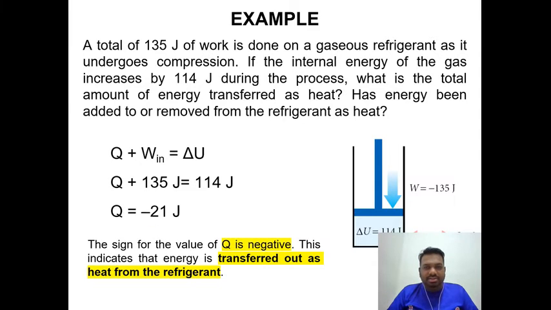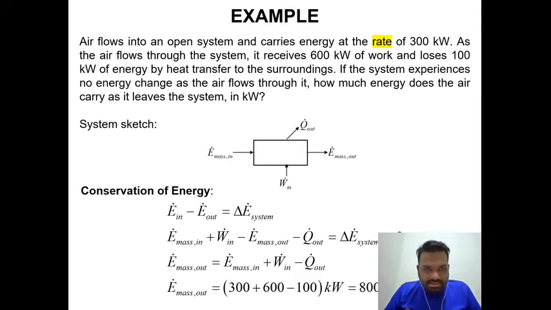It's easier to understand. Okay, so another question. Air flows into an open system and carries energy at the rate of 300 kilowatt. As the air flows through the system, it receives 600 kilowatt of work and loses 100 kilowatt of energy by heat transfer to the surroundings.